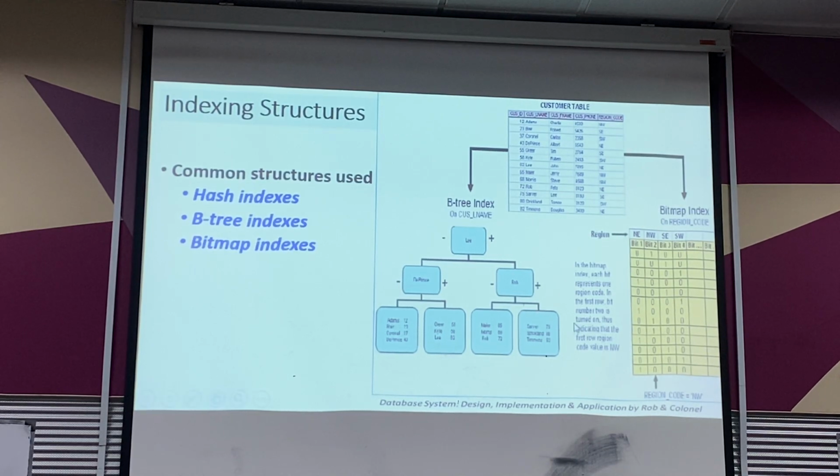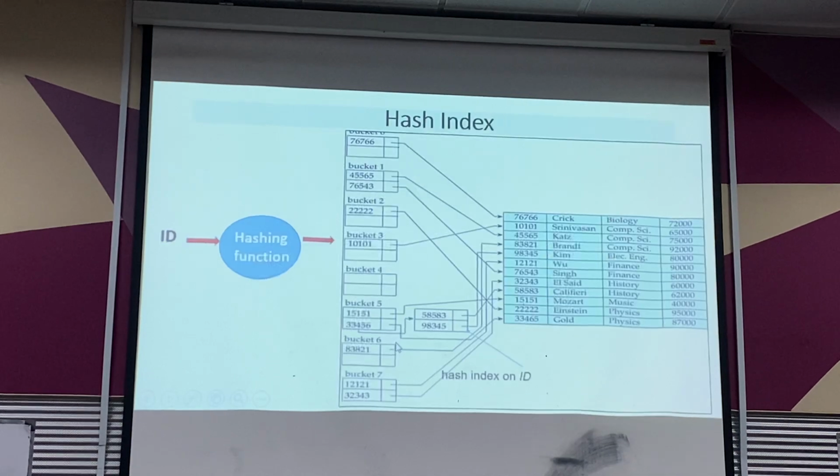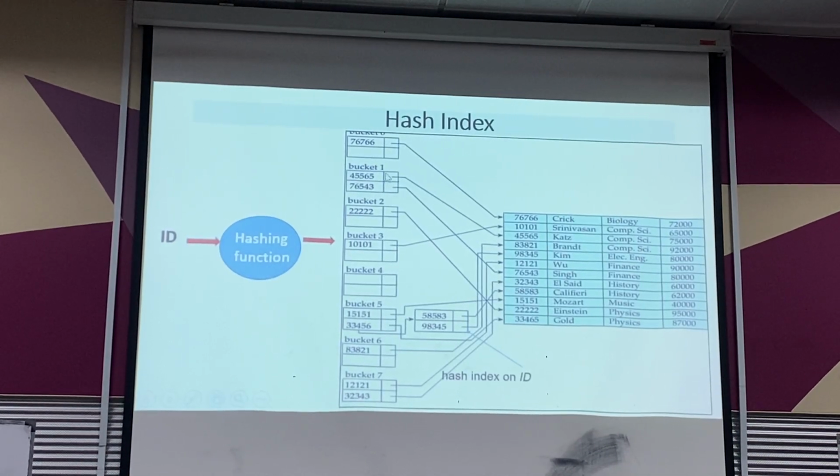Okay, so this is a hash index. It's a formula. Hash function means formula, so you calculate the formula, then they will assign records to different buckets. The example I'm using for the next chapter is the modulus.